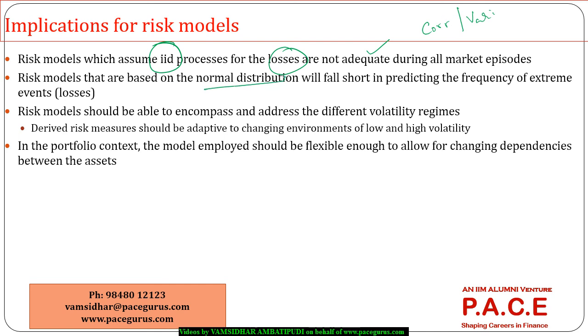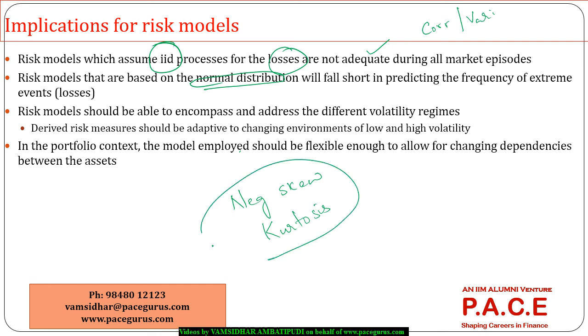And risk models based on the normal distribution of the data would not be adequate in predicting extreme losses because most of the time we have seen that our returns were following a negative skew, which is a clear indication that negative returns are much more probable compared to positive returns. We are also seeing that the kurtosis is much higher, which means extreme values have much more possibility of occurring compared to a normal. So if my risk model is based on a normal distribution, then it would fall short in terms of prediction.